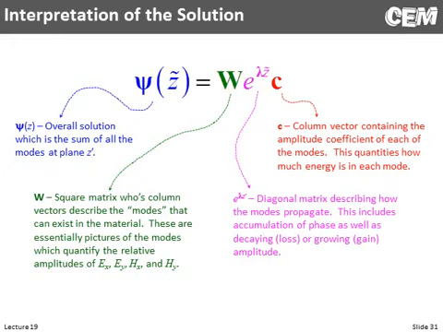If there's loss, they decay, or if they're evanescent, they decay. If there's any gain, they might grow. And we also have the mode coefficients. This just tells us what the mode looks like and how it propagates. The mode coefficients tell us how much power is in each one of those modes, because we could selectively excite them if we wanted to.